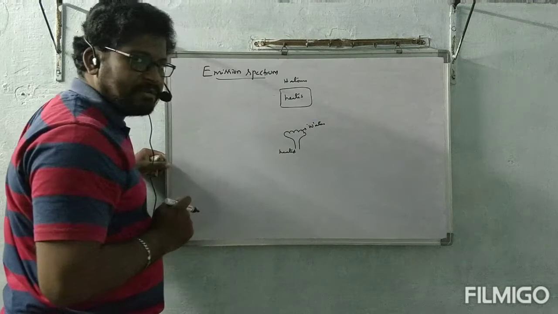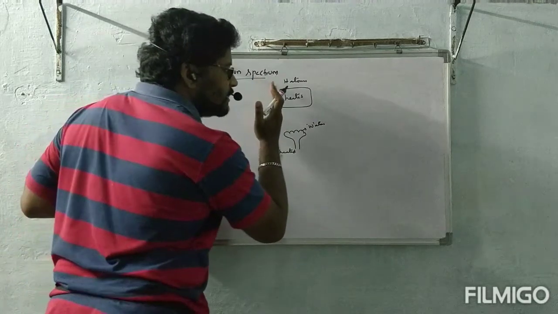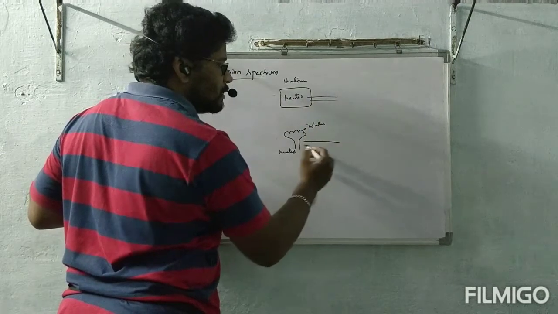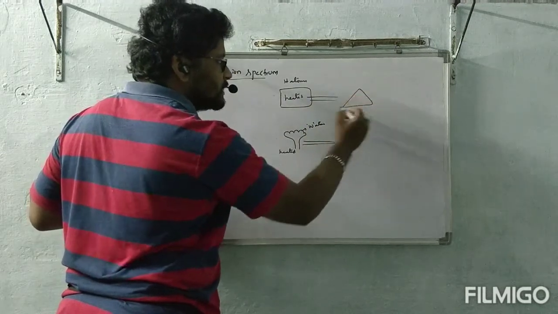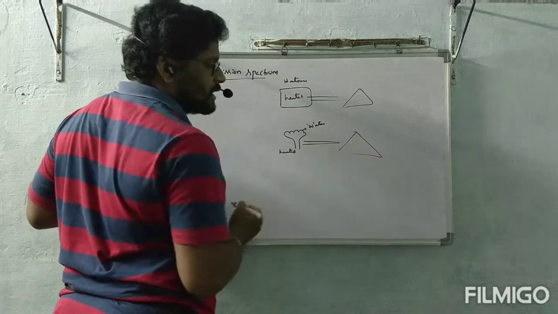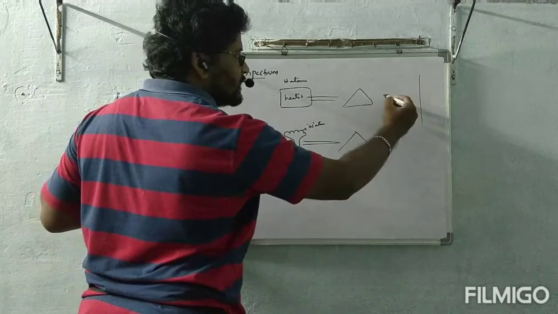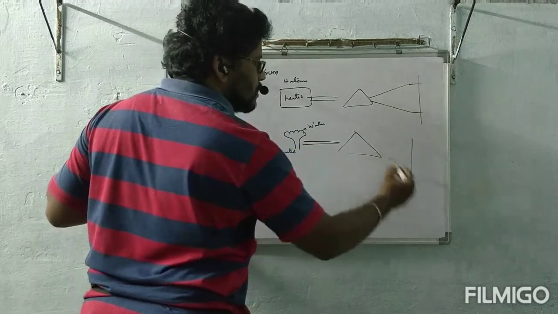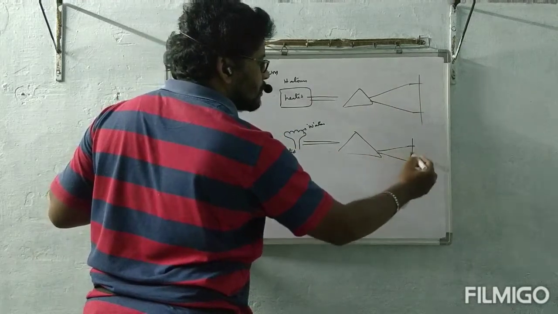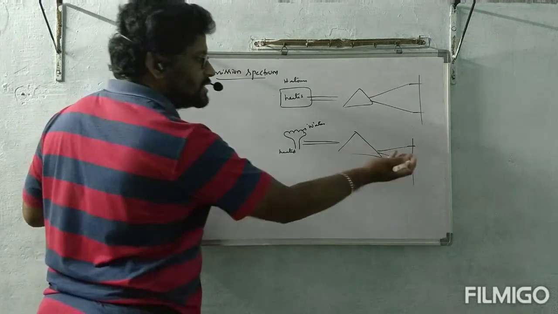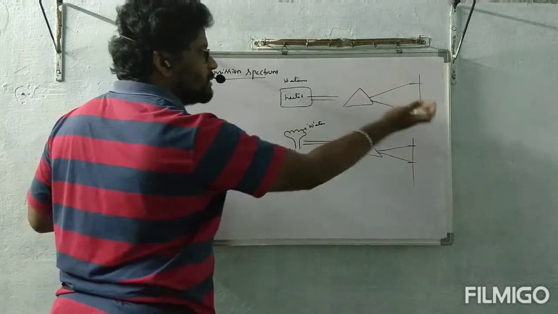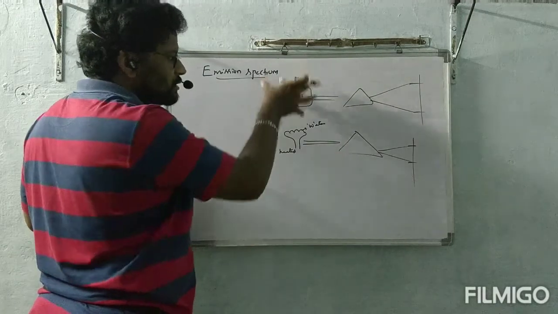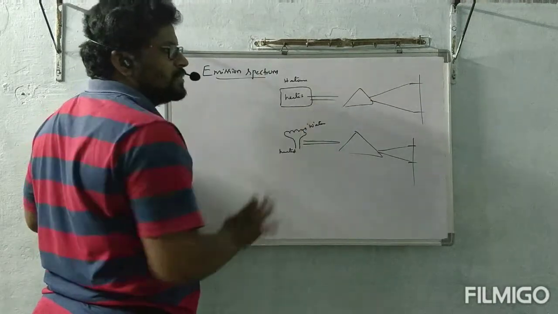If it is heated at high temperature, we will get light out. When that light is passed through a prism, we will get a spectrum. This is the spectrum of tungsten, this is the spectrum of the hydrogen atom. Depending on the element, the spectrum is different.